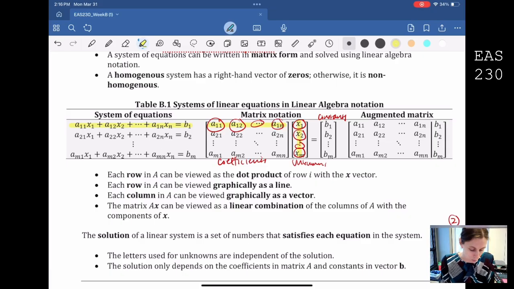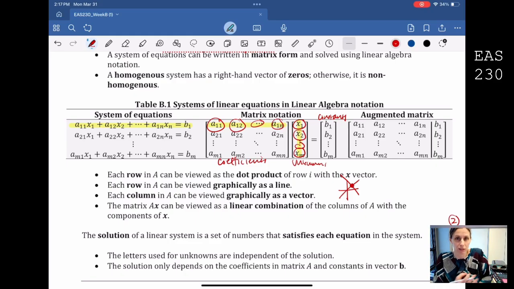It turns out our rows can also be thought of graphically as a line, as when you've solved systems of equations by looking at the intersection, where each equation is a line on a graph. Although now we have more than 2 dimensions. Each column, though, can be viewed graphically as a vector, which means our system of equations can be viewed as a linear combination, which we talked about in week A material.